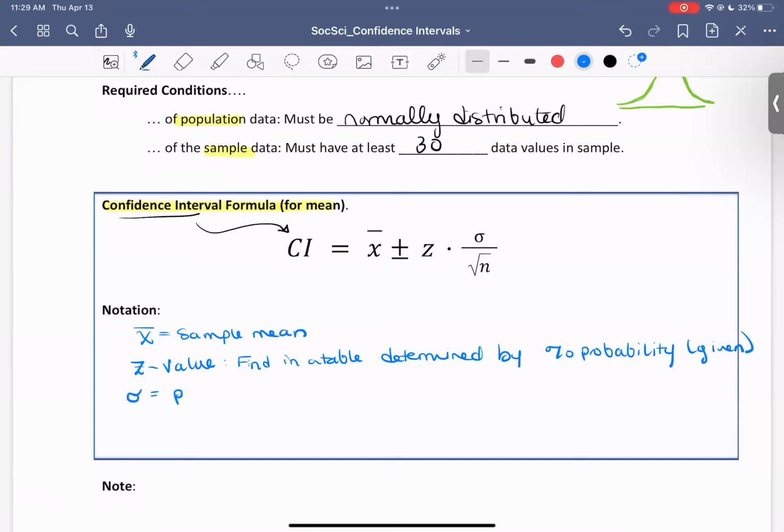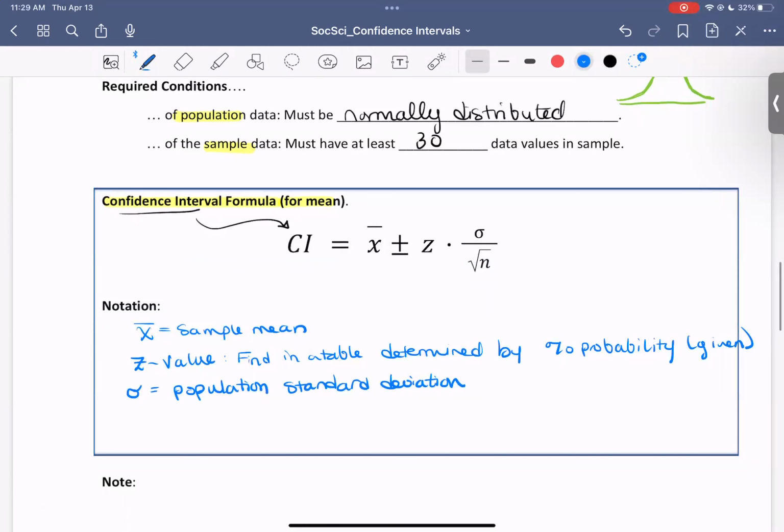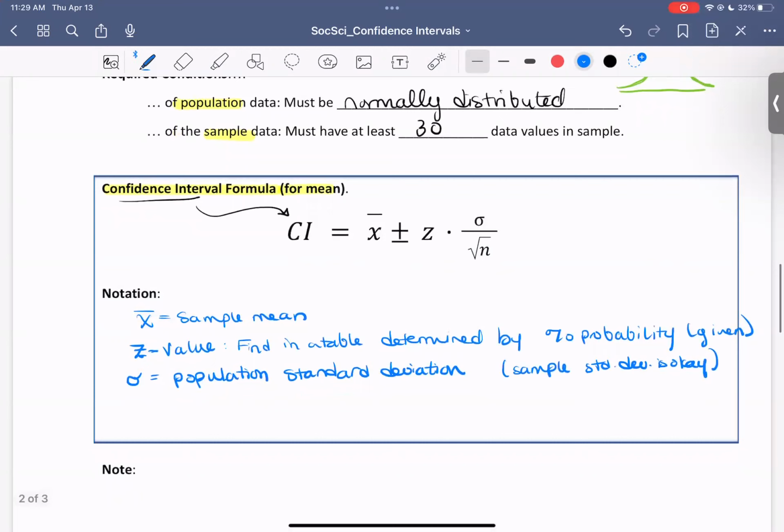Sigma, that is the population standard deviation. If we don't know this value, which is very common, then we can use the sample standard deviation. So sample standard deviation is okay. And then our final notation we have here is n. n is just the sample size that we've taken.